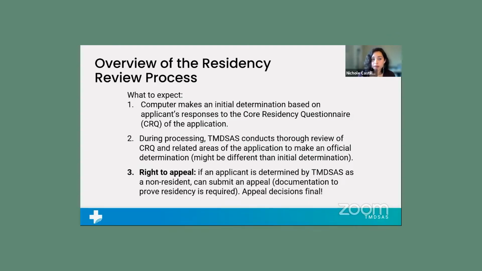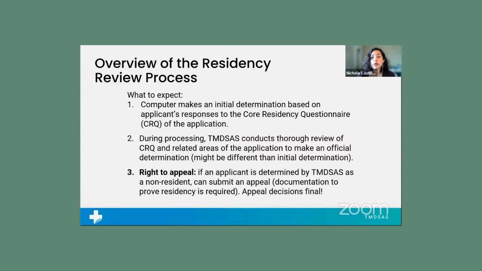During this phase two, during processing, it's very possible that our staff will reach out to you with questions about your residency, maybe seeking clarification or seeking documentation to help verify your residency. The result of this might be different than that initial determination.